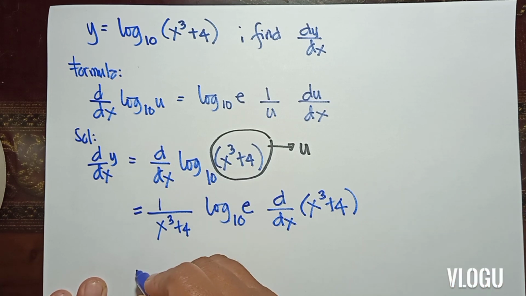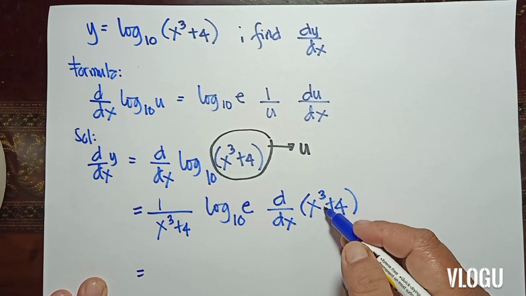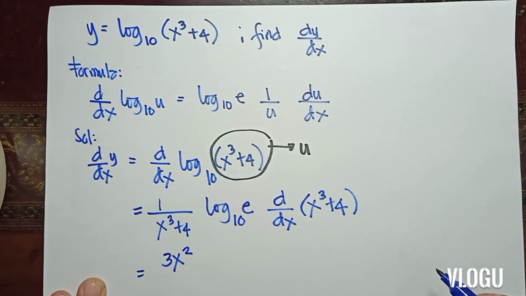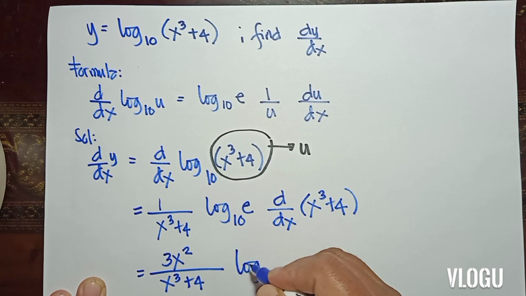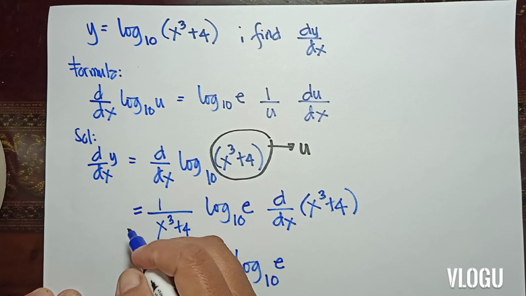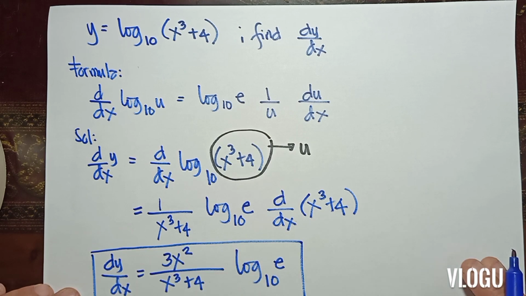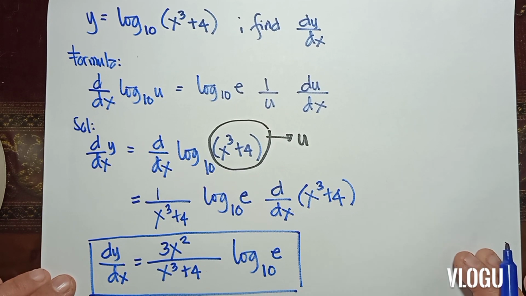So we will have 3x squared over x cubed plus 4, times log of e base 10. That is dy over dx. That is now the final answer.